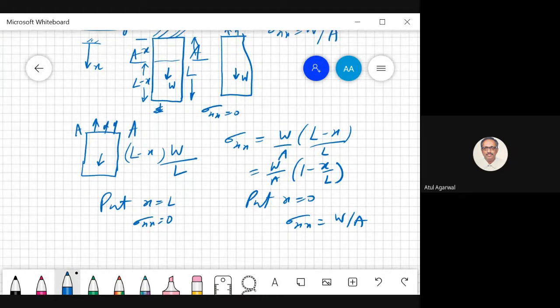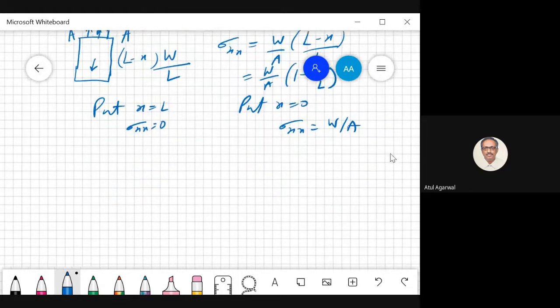Now, suppose I want to find what is the stretch in the bar. How much is the change in length of the bar? I take a small element dx.